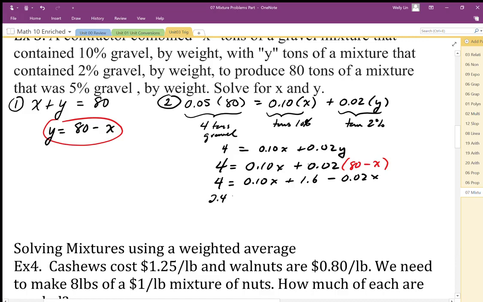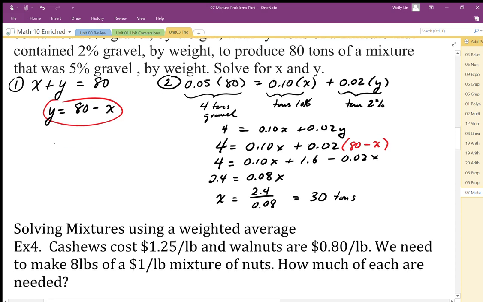So subtract 1.6 from both sides. Here I'm going to go 10% minus 2% is going to give me 8%. Solving for x, I'm going to end up with 30 tons. Which makes the y amount equal to 50 tons.